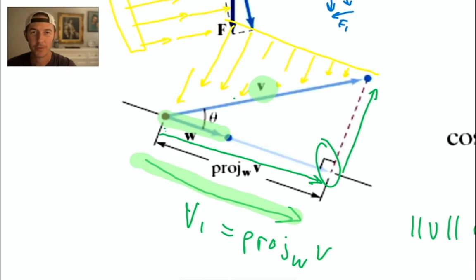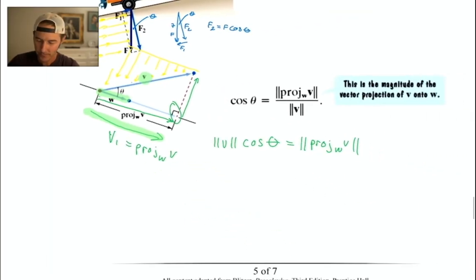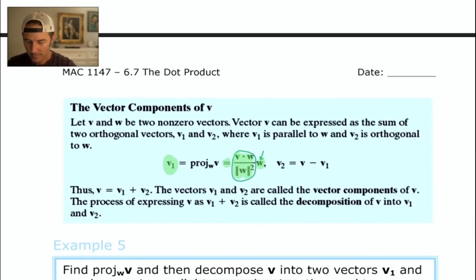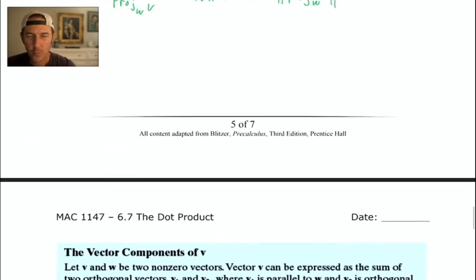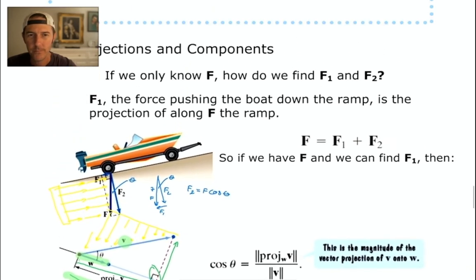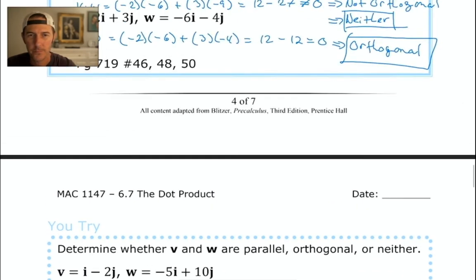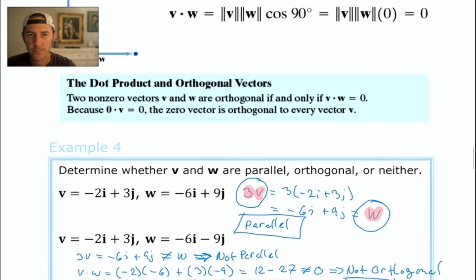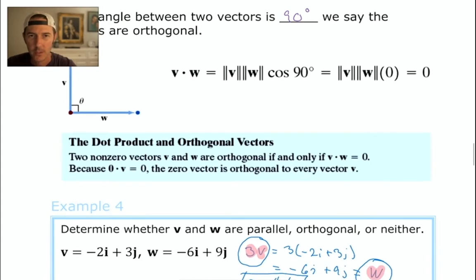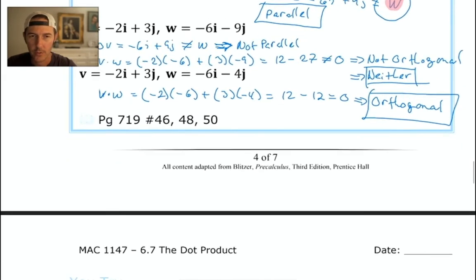They're scalar multiples of each other. V dot W. What is V dot W again? Wasn't there an alternate form for V dot W? Oh, it's the magnitude of V times the magnitude of W times the cosine of our angle measure. Sometimes it's 90, not always though.